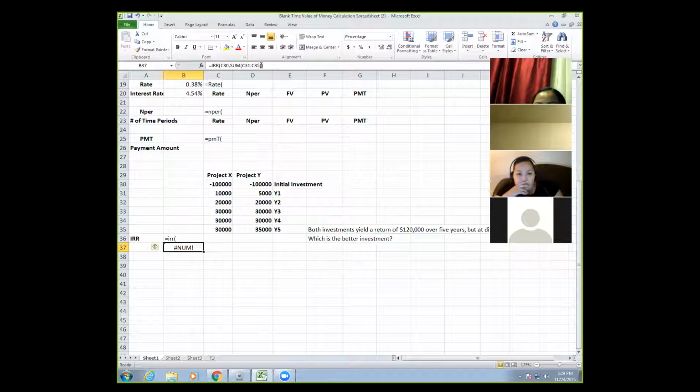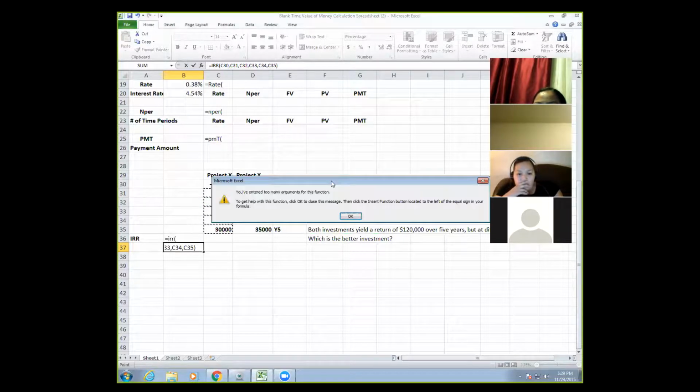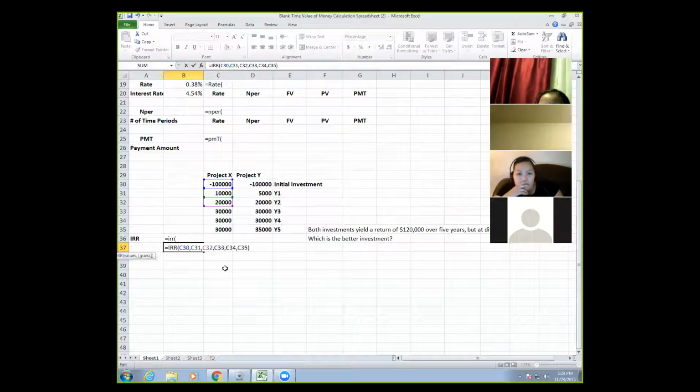No. Oh, I thought I knew how this one worked. Values C30. That's what that is.